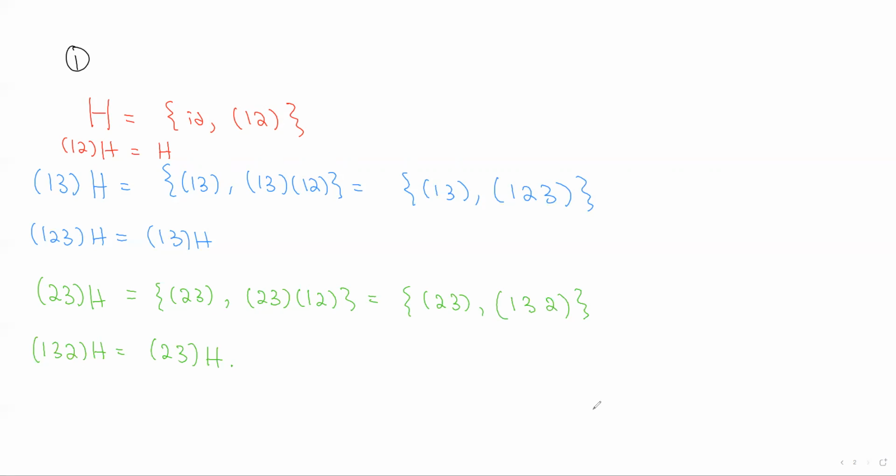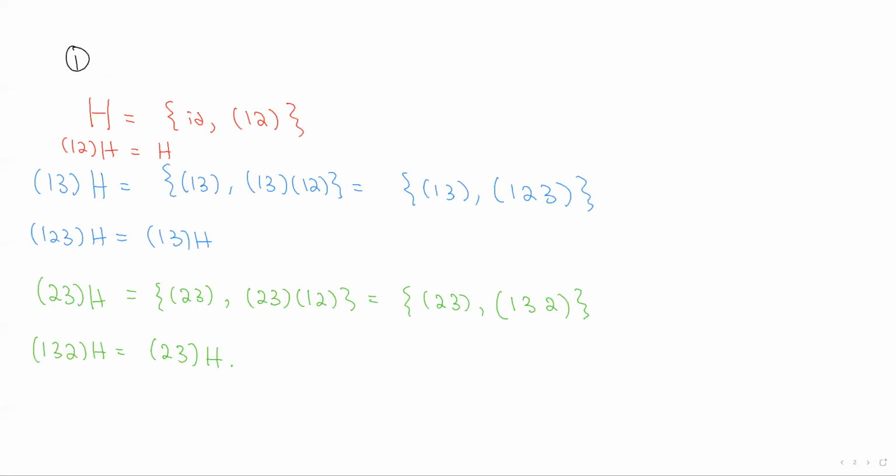Okay. Now, what you should think of these cosets as are equivalence classes mod H. So you're used to working mod n. The idea of a quotient group is you're working mod a subgroup.